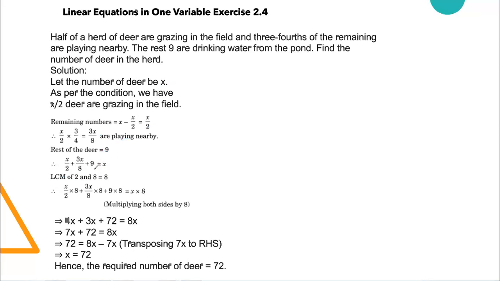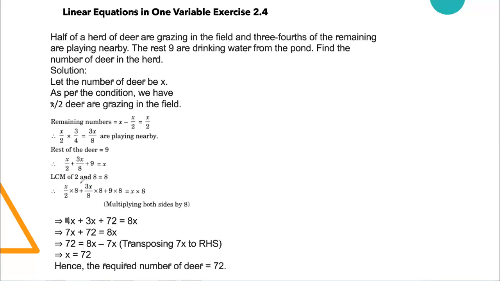Now, how can we solve this? Do remember that the denominator is 1 here. So the LCM of 2 and 8 is 8, because we have 2, 8 and 1, so we can just find the LCM of 2 and 8.